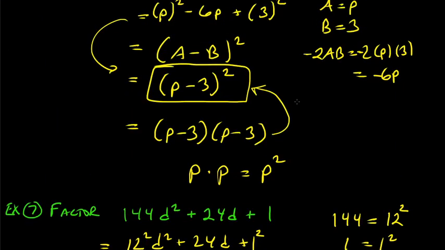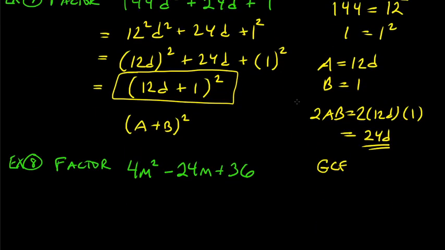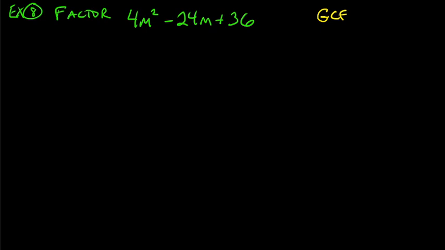Because in all the previous cases, the GCF has been 1. And when the GCF is 1, I just ignored it and moved on. But here, the GCF is not 1. The GCF is 4. All these numbers are divisible by 4. And so we should factor out the 4 as the GCF. Kind of tricky.